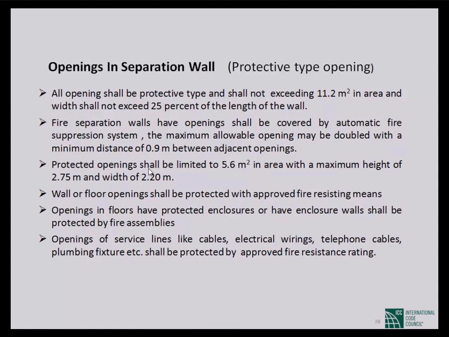How do these means work? You can close it at the floor level, or you can make an enclosure vertically up and then close it. So openings in a floor have a protected enclosure or enclosure walls. That means at the floor level you can close it, or you can make enclosure walls, which again shall be protected with fire assemblies.